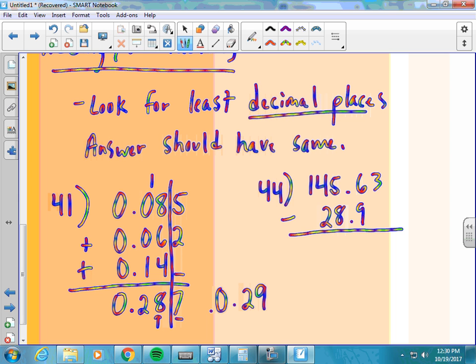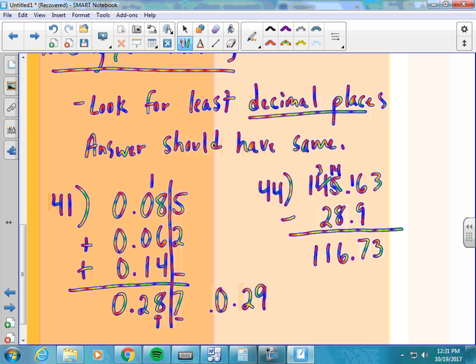But I'll start by doing the normal subtraction. 3 minus 0 is just 3. 6 minus 9 I can't do, so I'm going to borrow from here. Make it a 16. 16 minus 9 is going to be 7. There's my decimal point. 4 minus 8 I can't do, so I'm going to borrow from here. Make that a 3. Bring a 1 over here. So 14 minus 8 is 6. 3 minus 2 is 1. 1 minus 0 is 1.